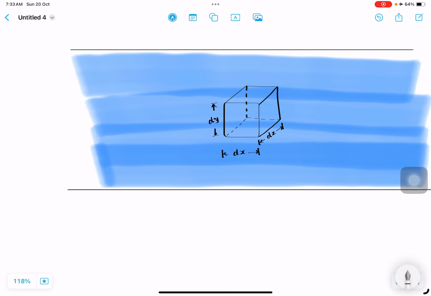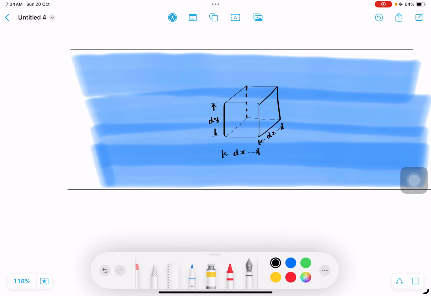Now let us consider the fluid that is going from the left side towards the right side. Of course, fluid also flows from the other two directions. Let us say that the fluid is also going to flow from the bottom towards the top, but for now, let me consider the fluid that is going from the left towards the right, which means that the fluid is going to enter this face.